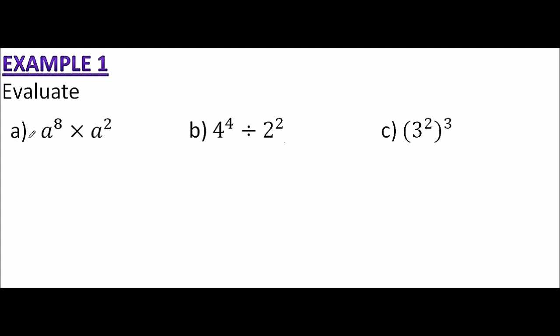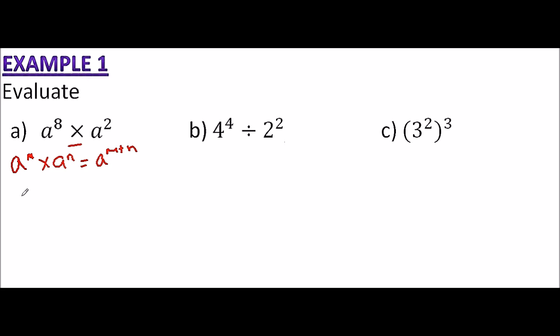Now, we are told to evaluate a to power 8 multiplied by a to power 2. In this case, because it involves multiplication, we are going to apply the first rule of indices. This rule states that a to power m multiplied by a to power n is equal to a to power m plus n.